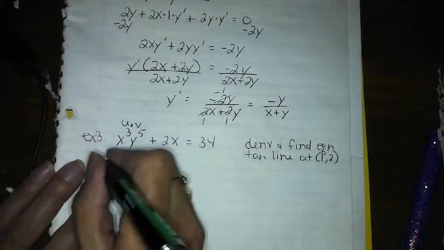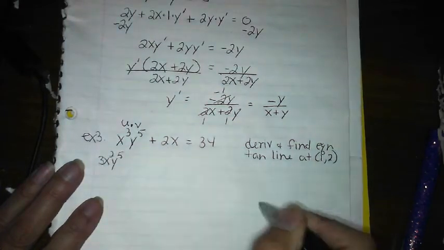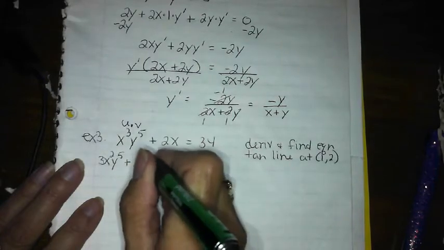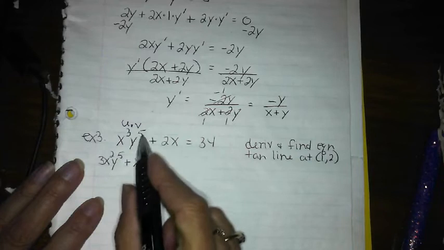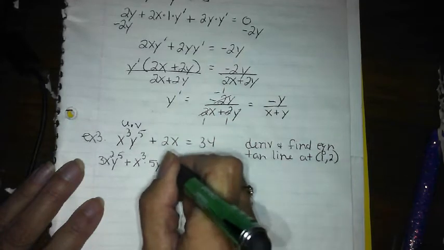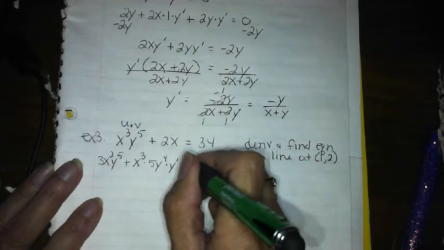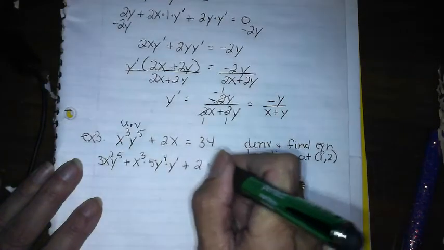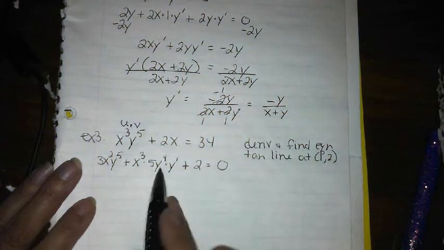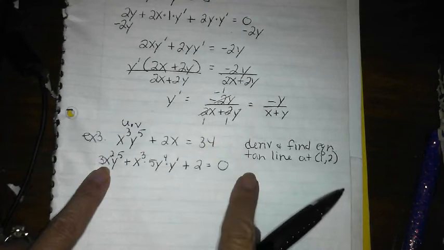Derivative of the u is 3x squared times the v term, plus, keep this, derivative of y to the 5th will be 5y to the 4th by the y prime, plus the derivative of 2x, which is 2. So looking, there's only one y prime term, and there are two that don't have a y prime, so I'm going to move this one term over here.